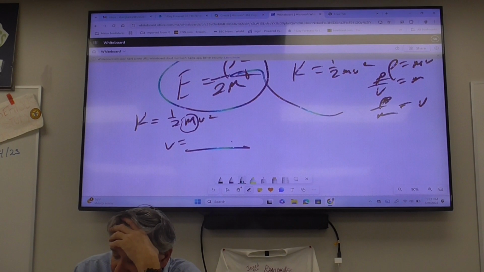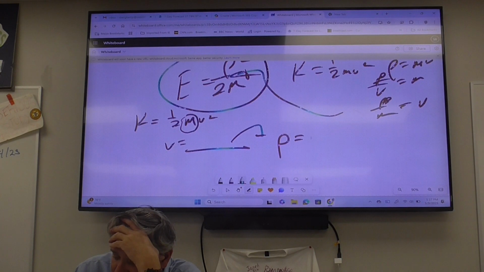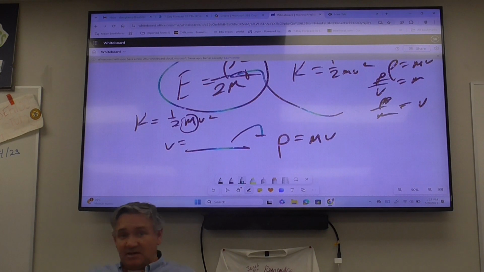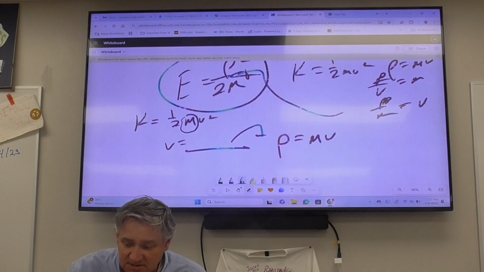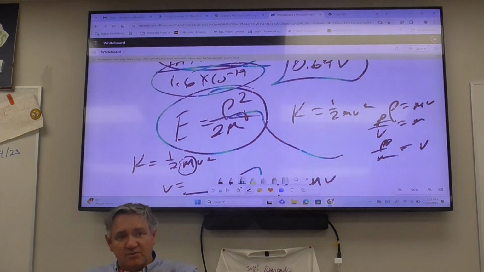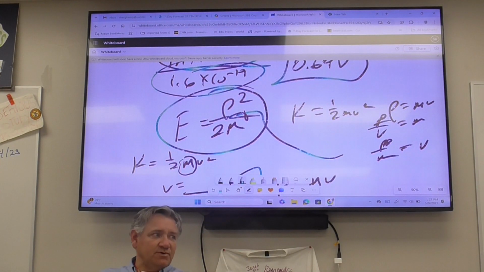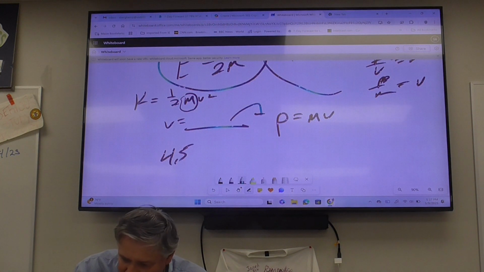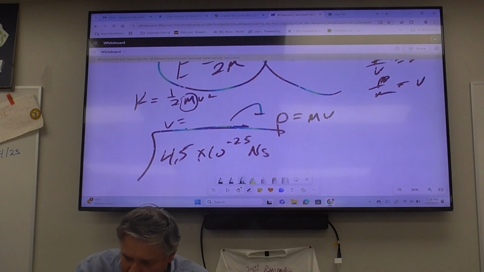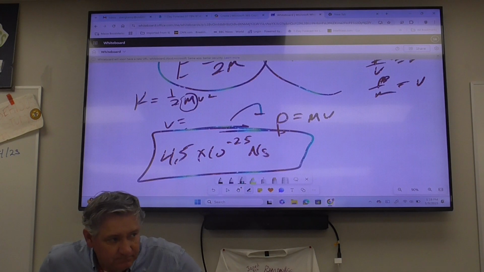Then you take that velocity and put it into mass times velocity, the old-fashioned way of doing momentum, okay? You're going to get the same answer either way. This is just a little bit easier if you remember that it's momentum squared over 2m, which is another way to express your kinetic energy. Either way you do it, you should get 4.5 times 10 to the negative 25th Newton seconds, okay?